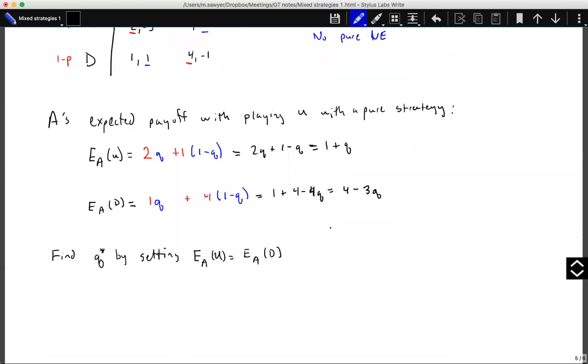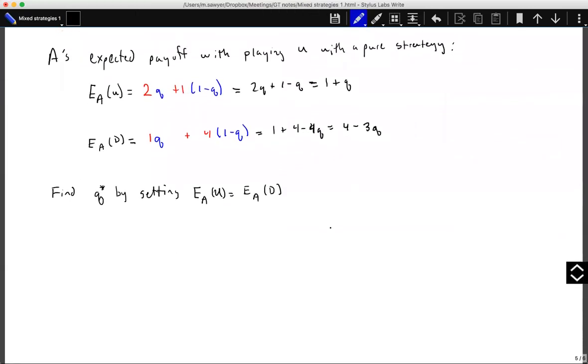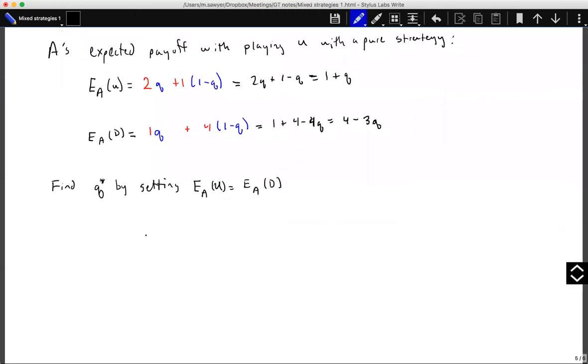And so we find Q by setting these particular payoffs equal to each other. So we say 1 plus Q equals 4 minus 3Q. I like to get rid of the negatives first, so I'm going to move the 3Q to the other side. So plus 3Q. I'm left with 1 plus 4Q is equal to 4.